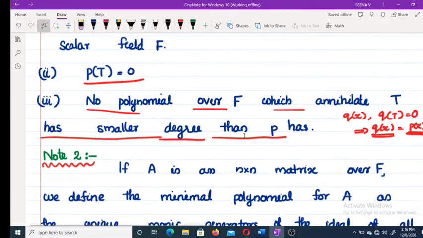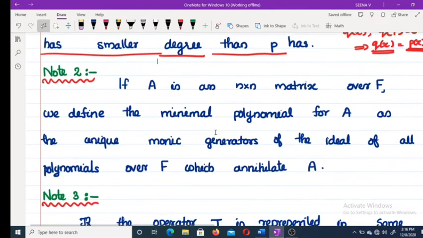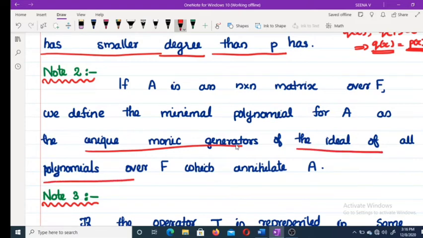Now next, if A is an n by n matrix over F, then we define the minimal polynomial for A as the unique monic generator of the ideal of all polynomials over F which annihilate A. Same as the definition for a linear operator. The set of all polynomials which annihilate A means the set of all P of x such that P of A equals 0.